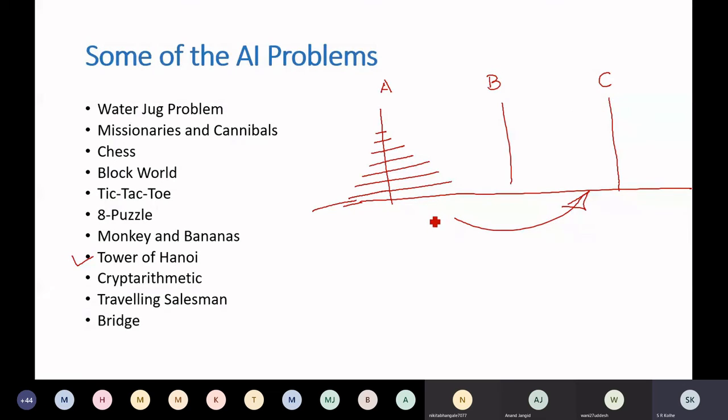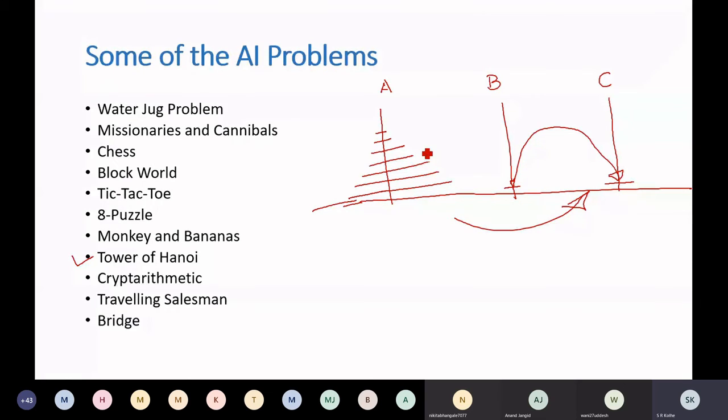What condition has to be satisfied? For example, if I remove the smaller disc and put it here, then this disc will be at the top. Now I cannot put this disc on the smaller disc, so I have to put it here. Then this disc will be at the top. Now this disc I cannot put on either of these discs. So I will have to move the smaller disc here, and then pole B will be empty.